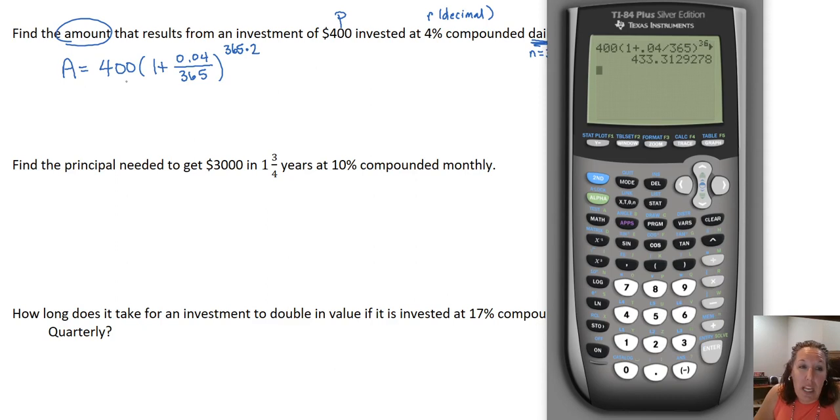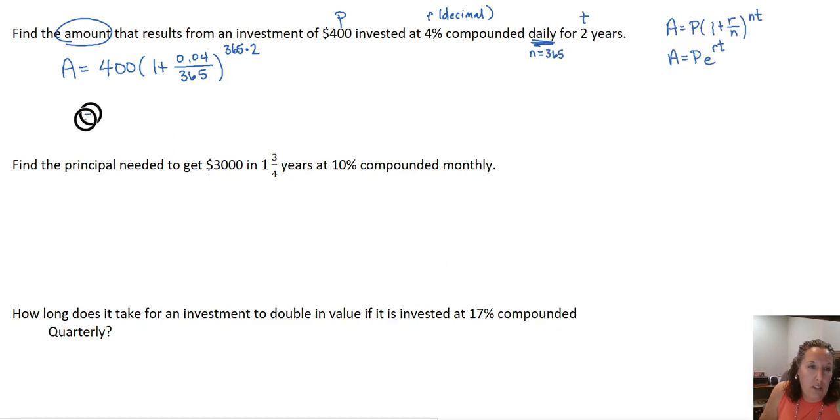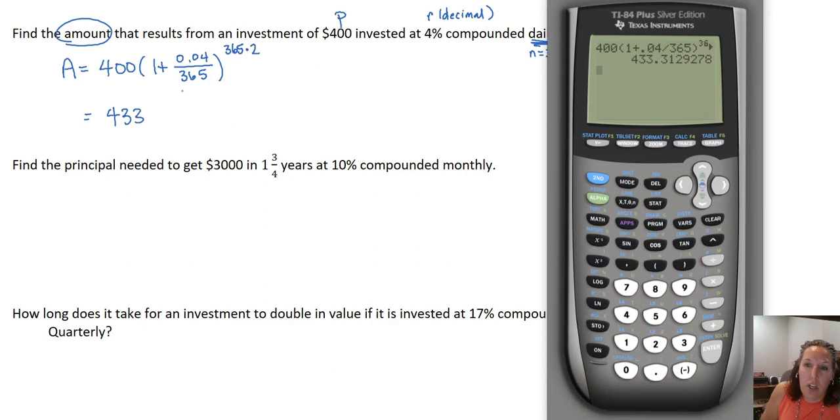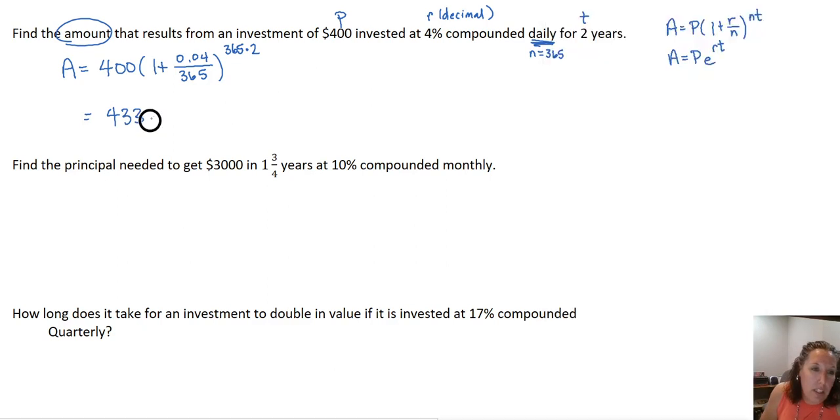All right, we expect something a little bit bigger than 400 because we are starting with 400 and earning interest, but in 2 years, it's not going to grow a whole lot, so 433.31 is a reasonable answer there.